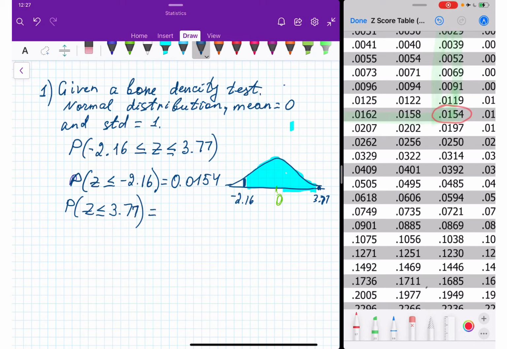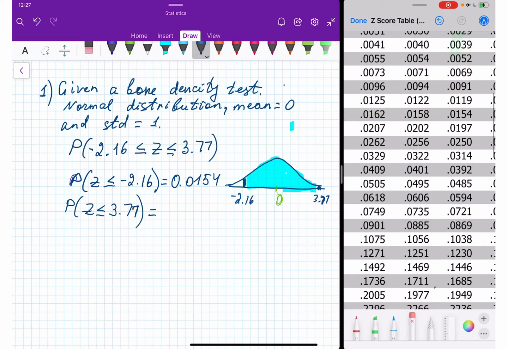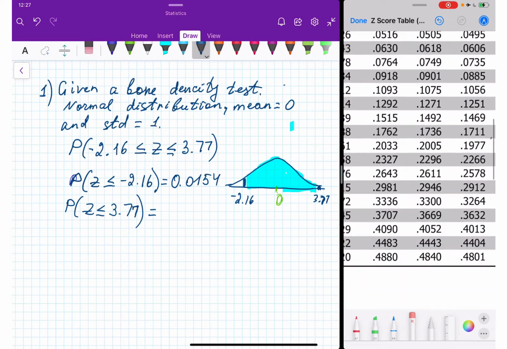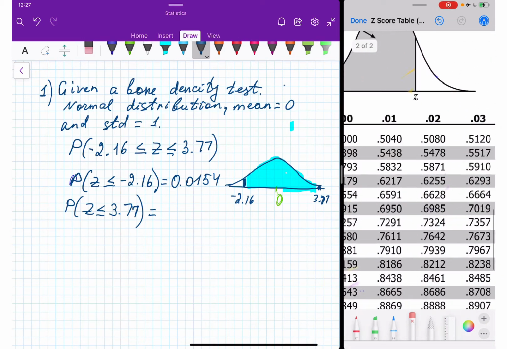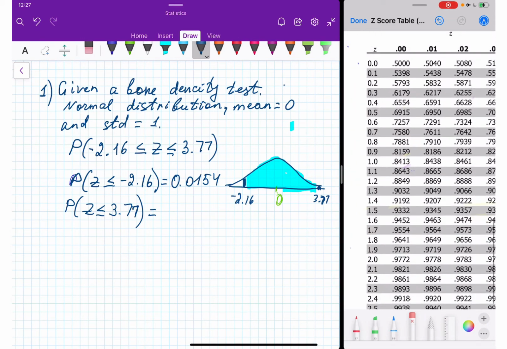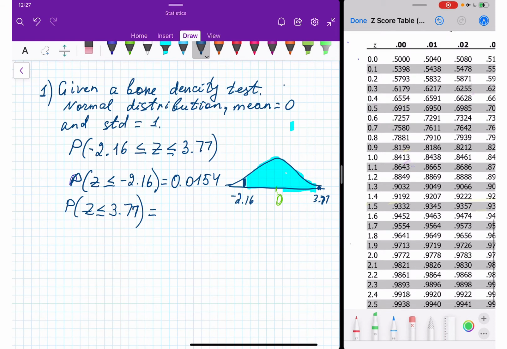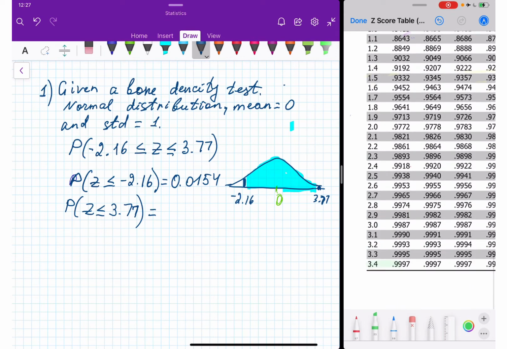That is equal to, we go to positive 3.77, so we need to start with 3.7. Well, the last one obviously is 3.49.